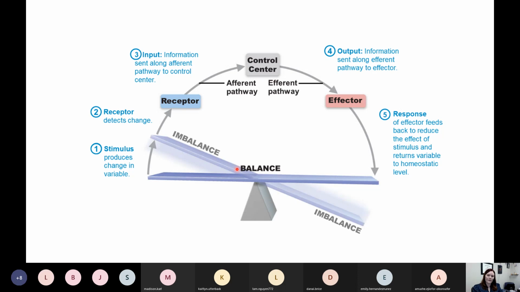Because we don't live inside a little box where everything is always constantly the same, we encounter things that are called a stimulus. A stimulus is something that when you're exposed to it, it causes your balance to be off-centered.